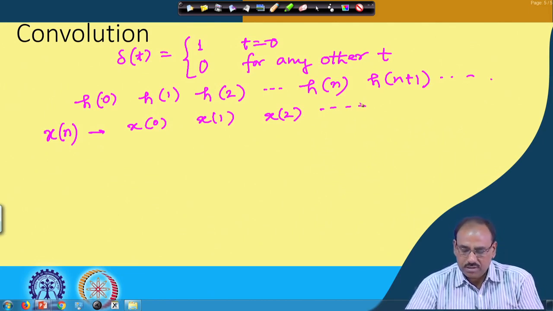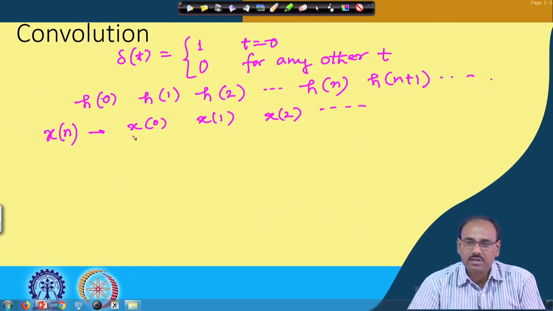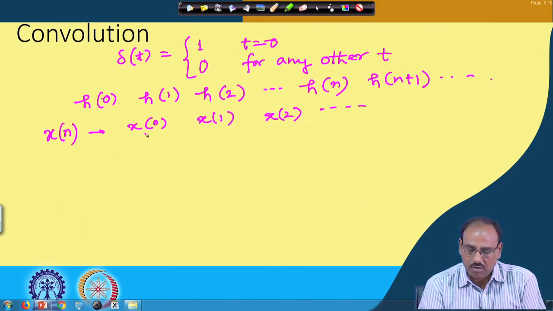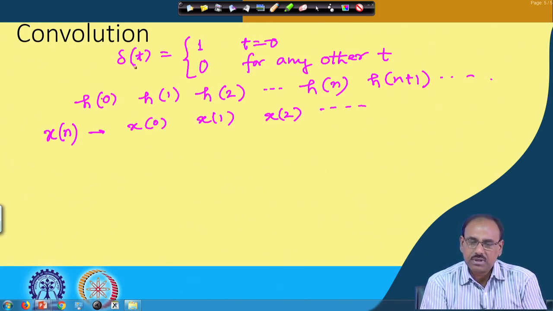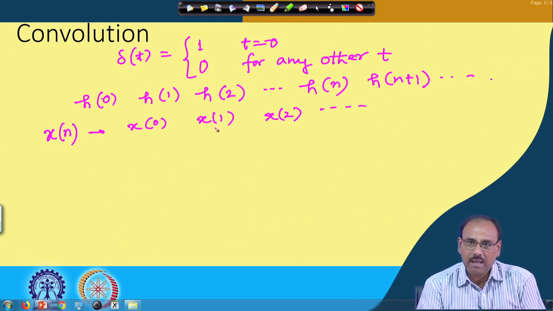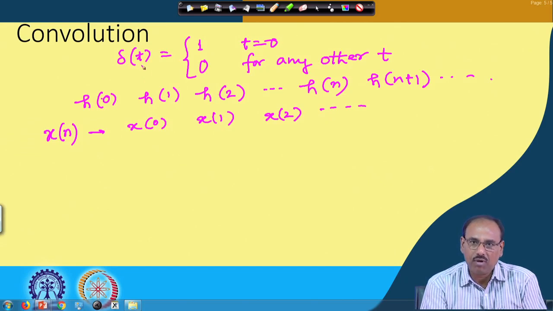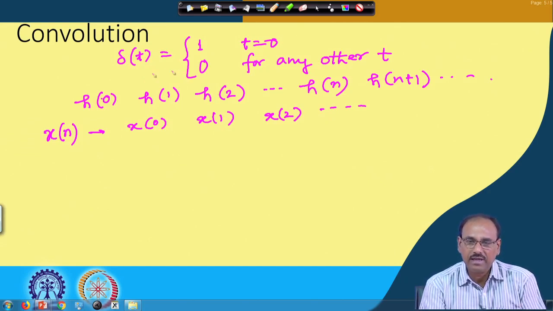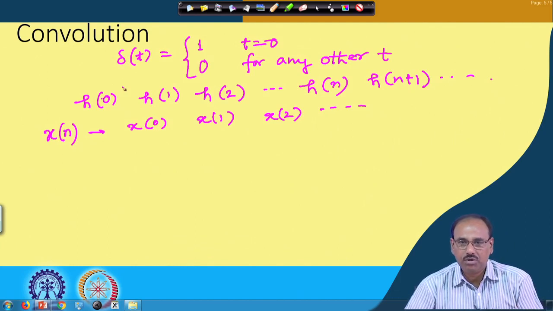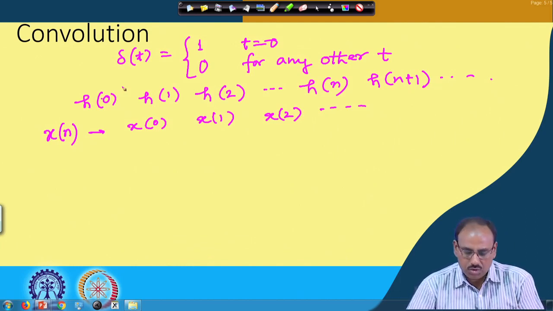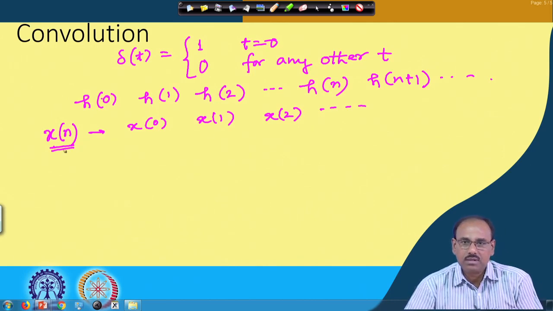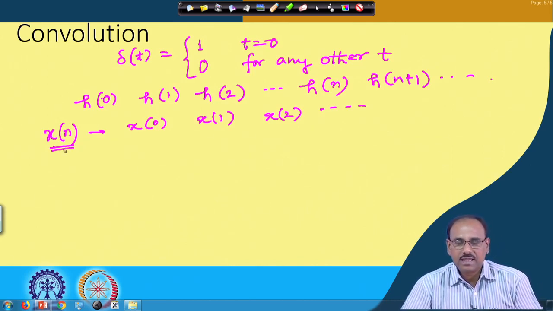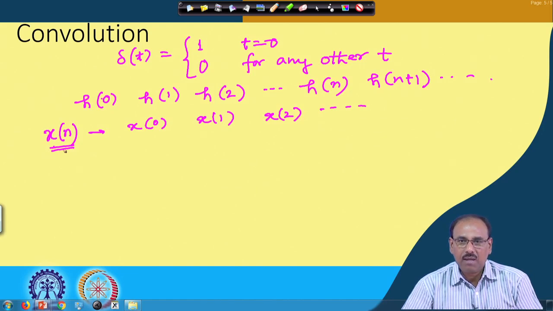Now, because here I have the value of x0 only at t equal to 0, I can consider this as a product of amplitude of x0 times delta(t). This one can be the product of the amplitude of x1 times delta(1), because delta(1) will be equal to 1 at t equal to 1, and it will be equal to 0 for any other value of t, and so on. So, I can consider my input sequence, which is my signal, as a scaled version or sum of scaled delta functions.